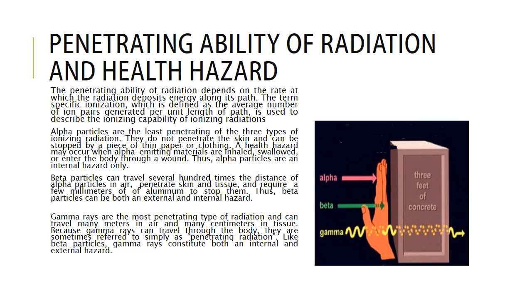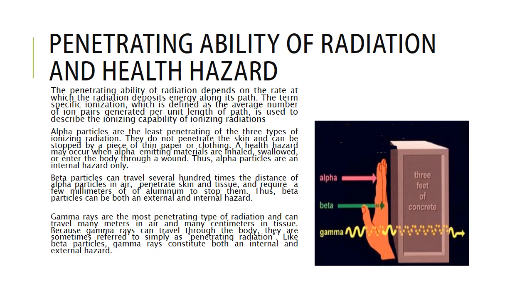That doesn't mean that they don't pose a health hazard, though. A health hazard could occur with alpha emitting materials if they're inhaled, swallowed, or they enter the body through a wound. So they're pretty much considered an internal health hazard. And they're really only used in nuclear medicine as far as bone cancer treatment.